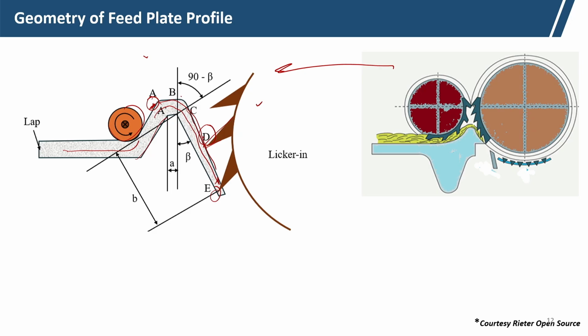Similarly, for the bottom of the lap, A dash is the point where it is gripped and E is the point. So, this is the distance where the fiber first interacts with the Licarin tooth.